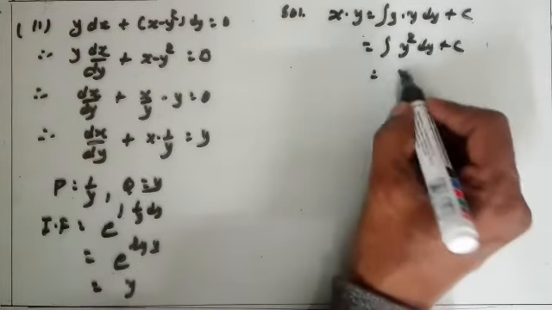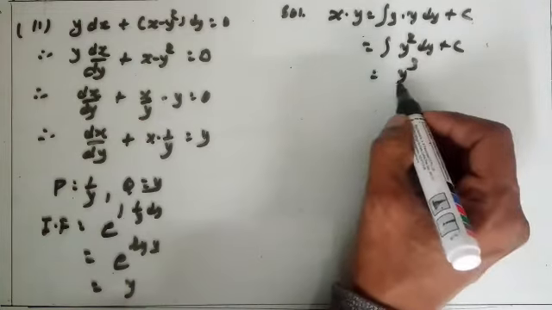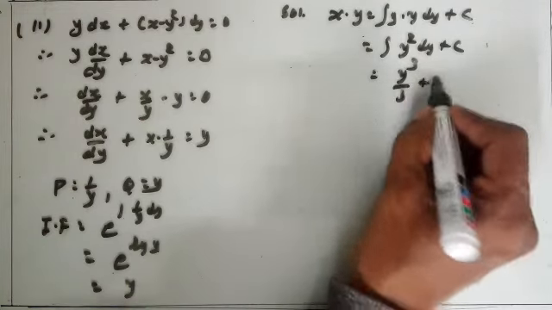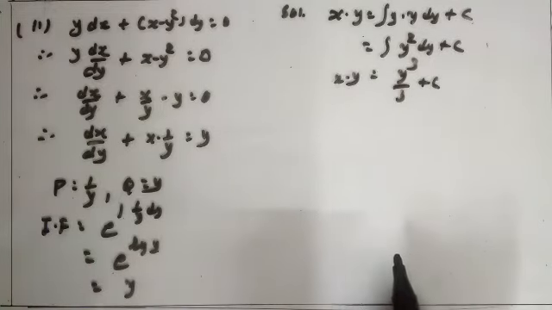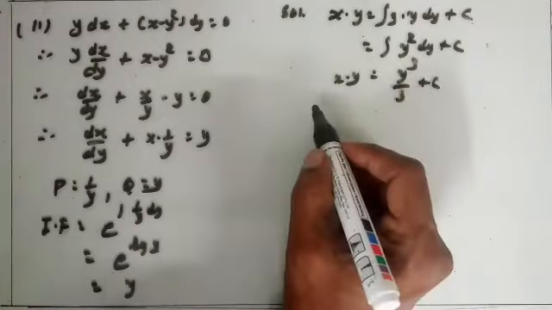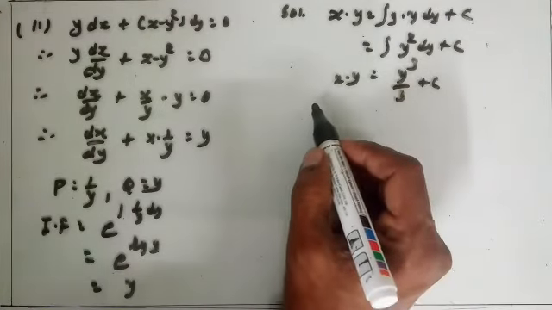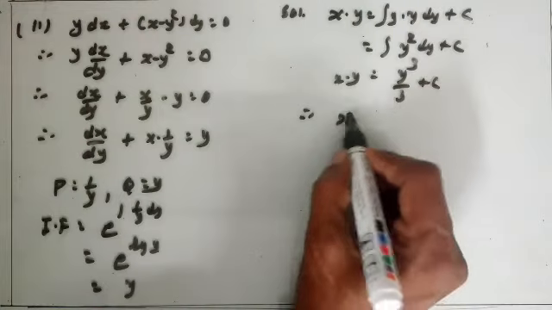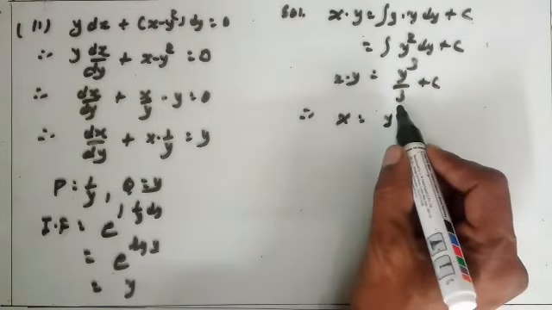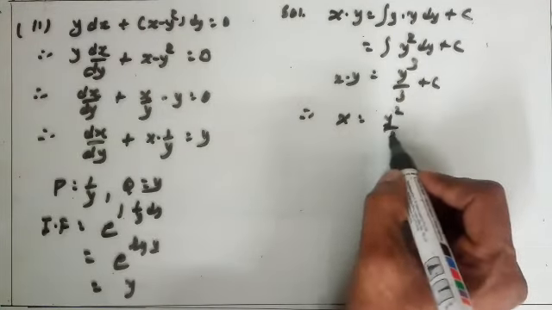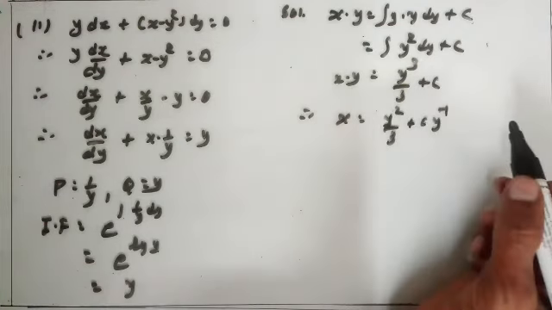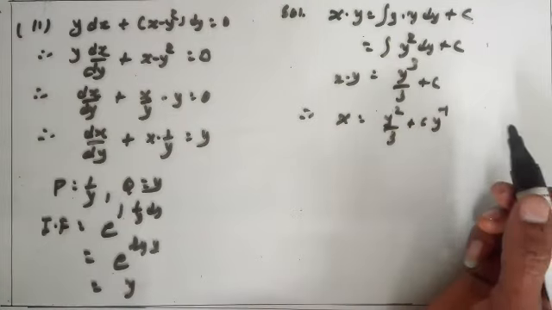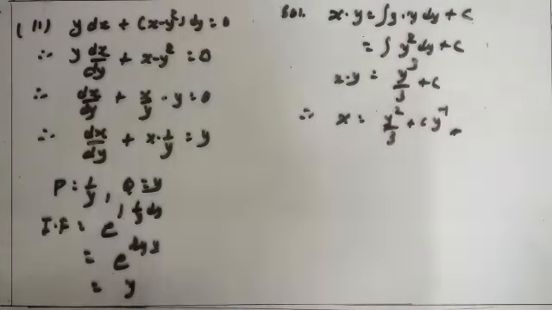We know that integration of this is y raised to 3 upon 3 plus c, so x into y is equal to y raised to 3 upon 3 plus c. Dividing by y, we get x is equal to y raised to 2 upon 3 plus c into y raised to minus 1. This becomes the solution. Clear?